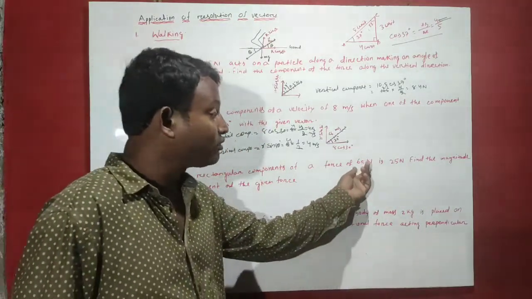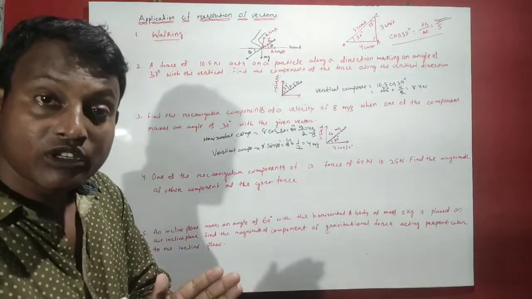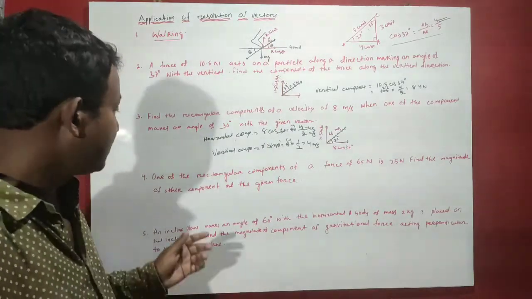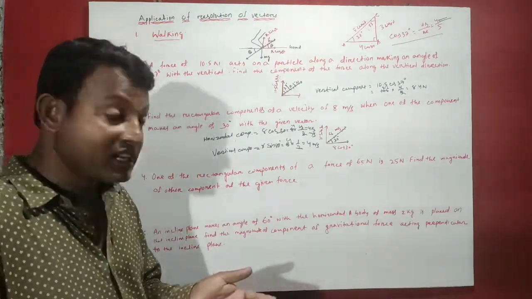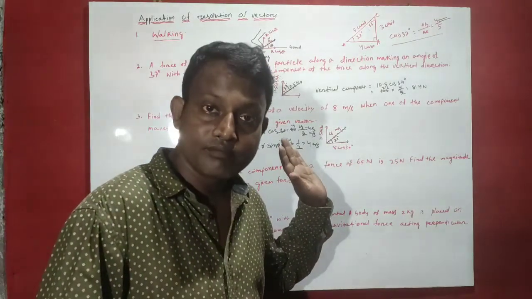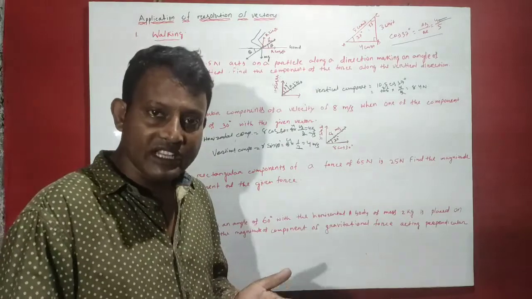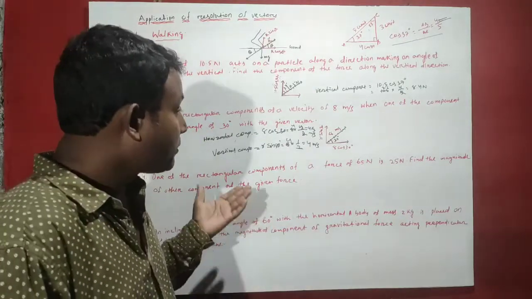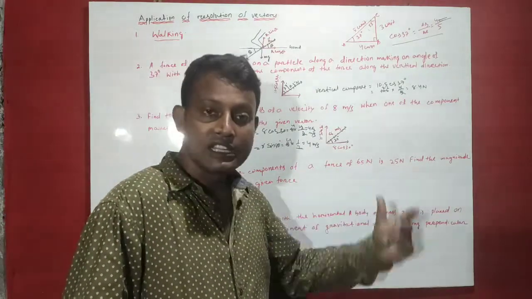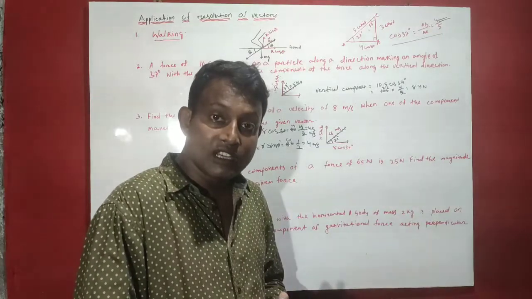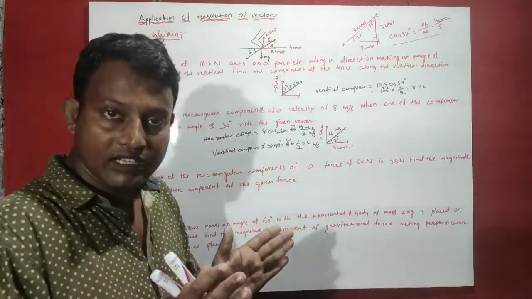Vector is 65 Newton and its one component is 25 Newton. Find the other component of the 65 Newton vector. It is very easy, we can find the other component with the help of Pythagoras triplet.